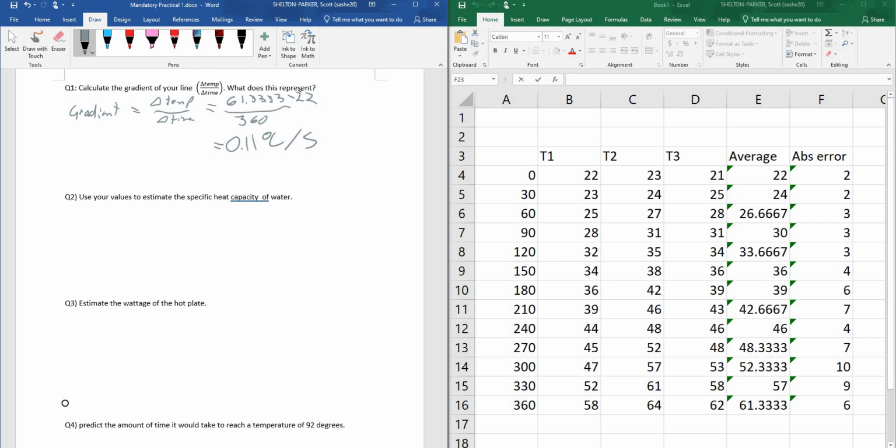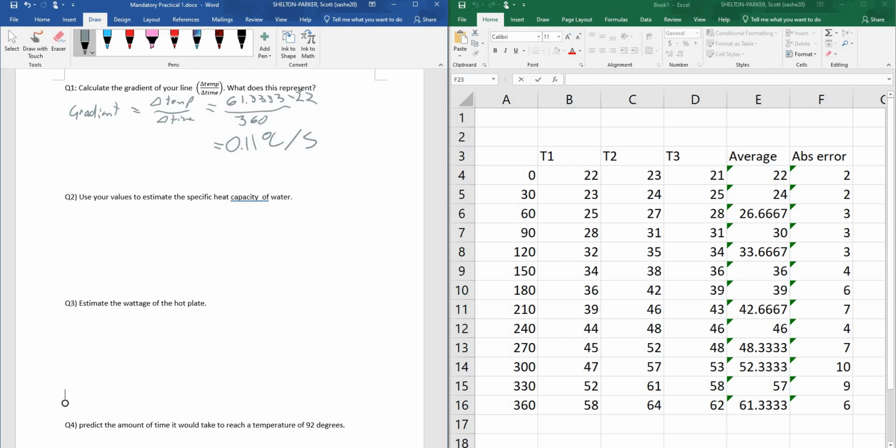I want to use my value to estimate the specific heat capacity of water. Now, how would we go about doing that, guys? Well, that's what the answer is, but we want to use our data.